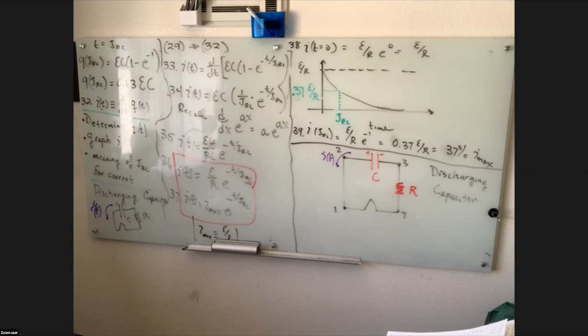In the last circuit, the charge increased, the voltage increased on the capacitor, and the current decreased. In this circuit, the charge will decrease on the capacitor, the voltage will decrease, and the current will also decrease, but for a different reason than in the last problem.